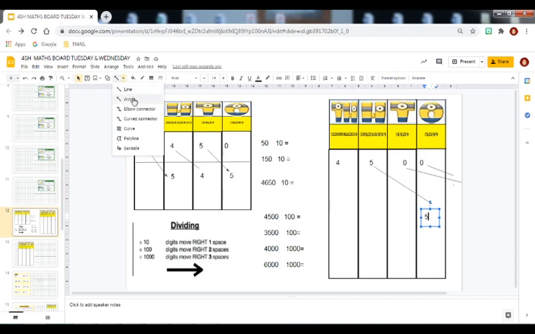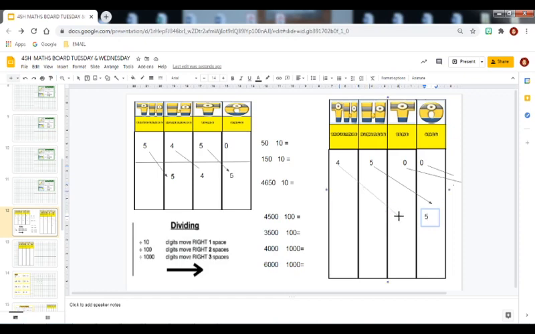My 4,000, which is in my 4, which is in the thousands, to divide this by 100, I move it 1 place to the right, but that's divided by 10. So I need to move it, I've got the reminder at the bottom as well that I'm looking at, 2 places to the right.